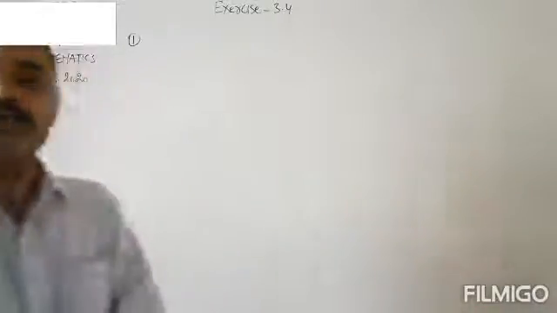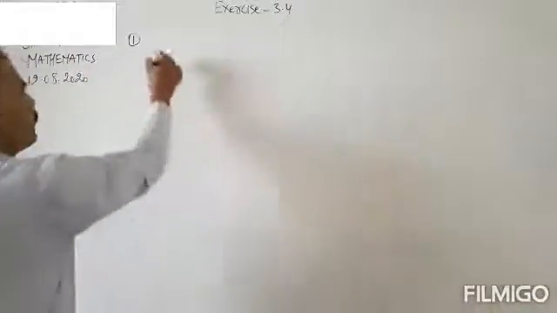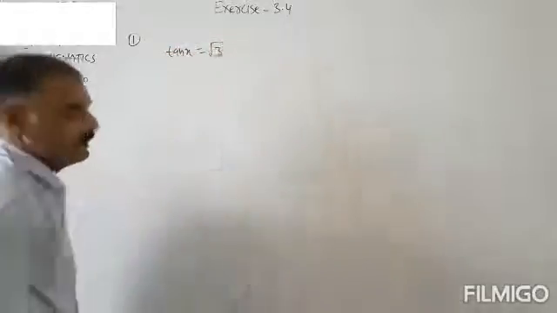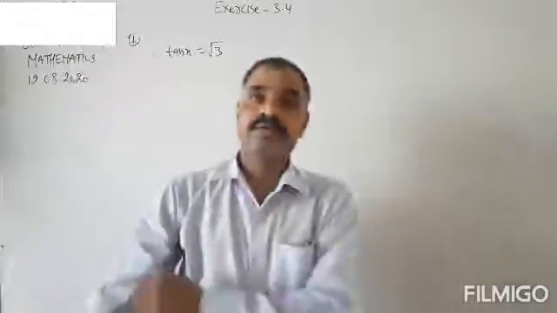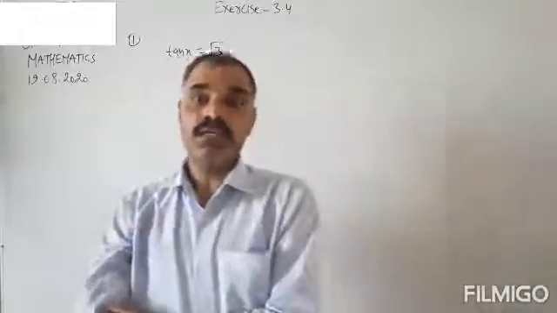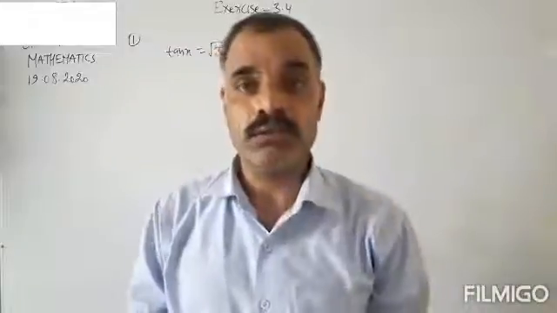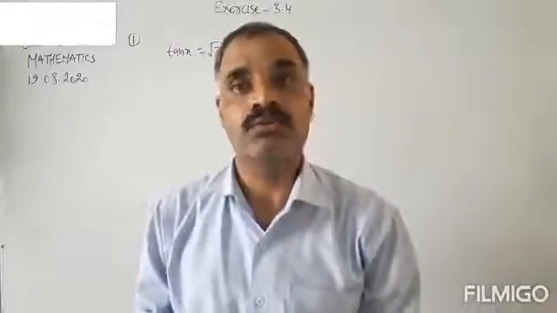So first of all let us take question number 1, that is tan x equals under root 3. We have to find the particular solution of this question, not the general solution.